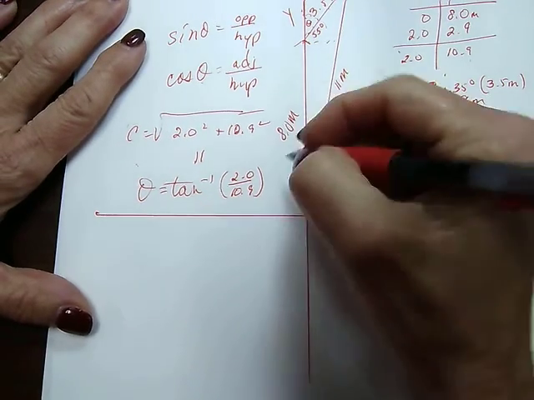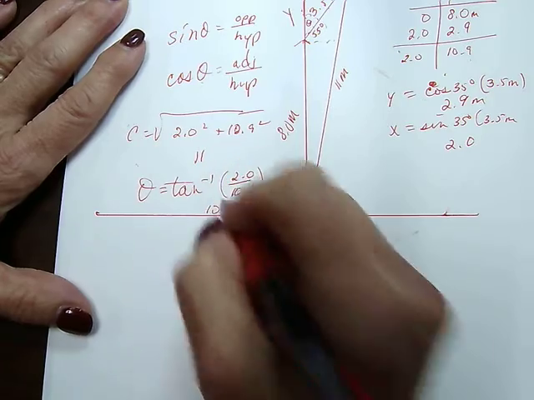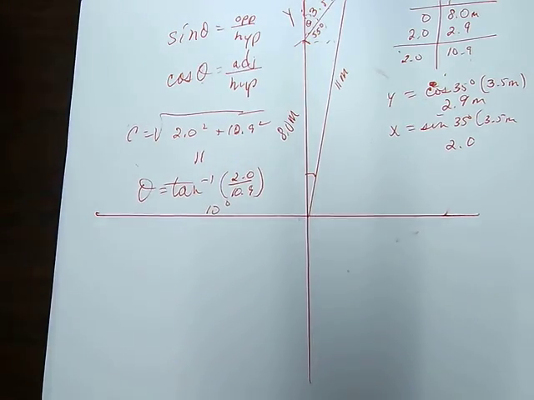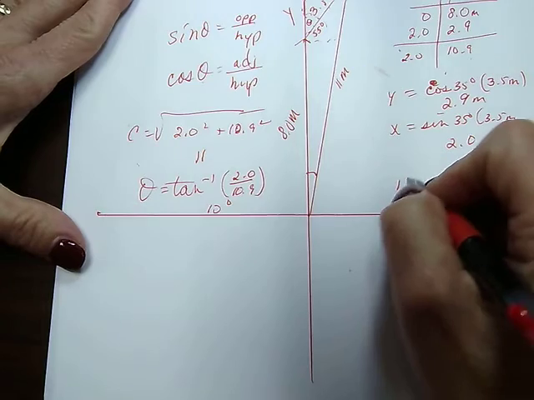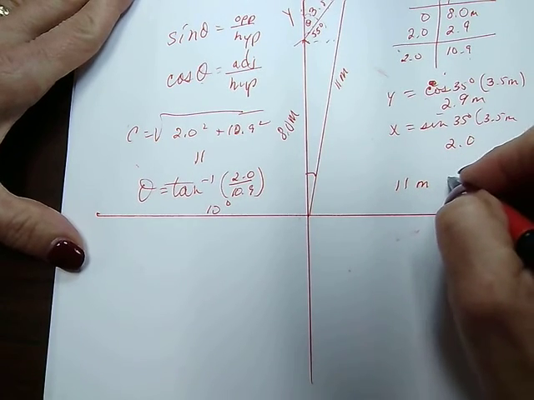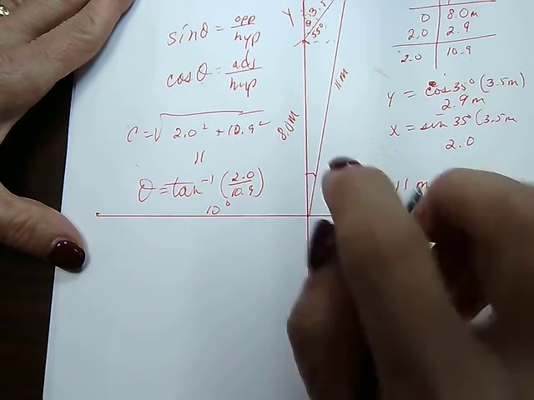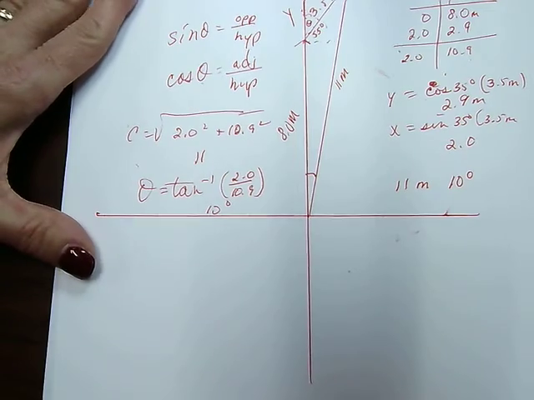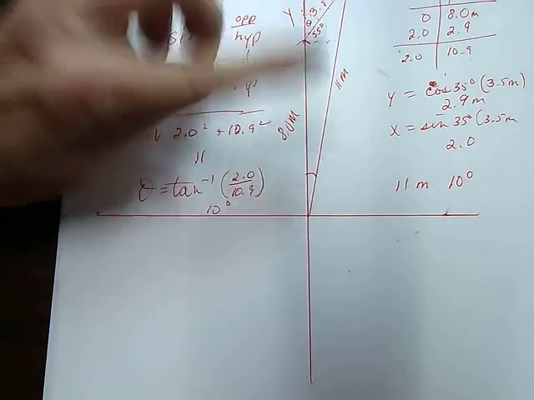And I get 10 degrees. So my final answer is 11 meters, 10 degrees. What's my direction? East of north.